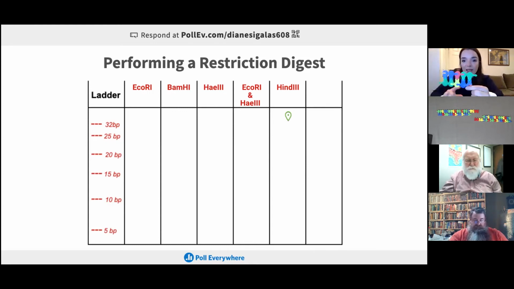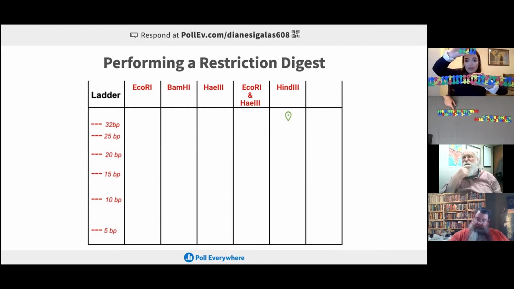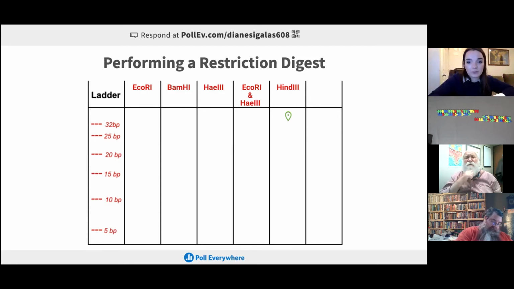So if you're looking at this, you'd have 1, 2, 3, 4, 5. So I would mark it at 5, but then I would also count this big old one and make another mark at where this big guy was. So I would have 2 pieces in my digest. Perfect.